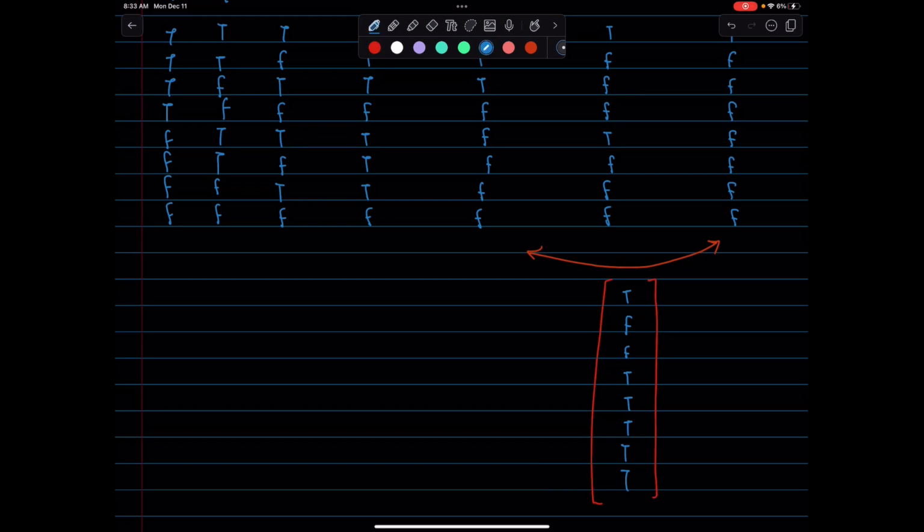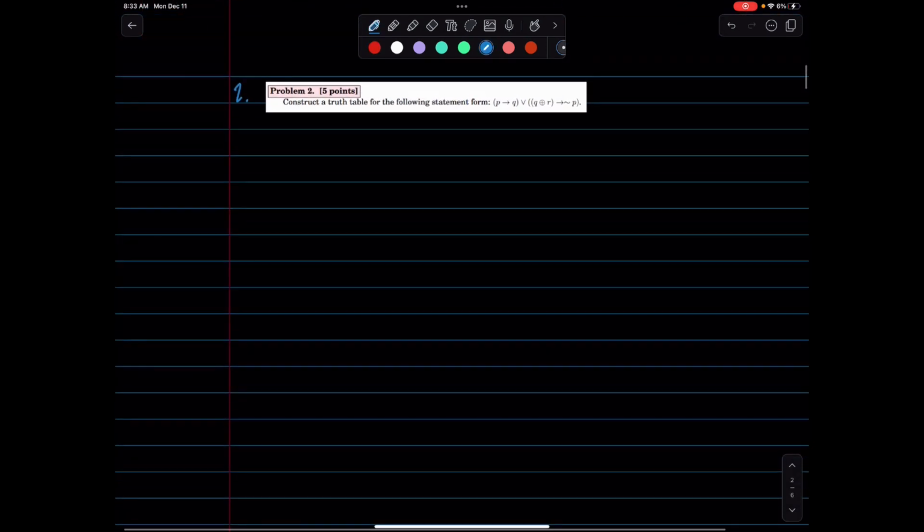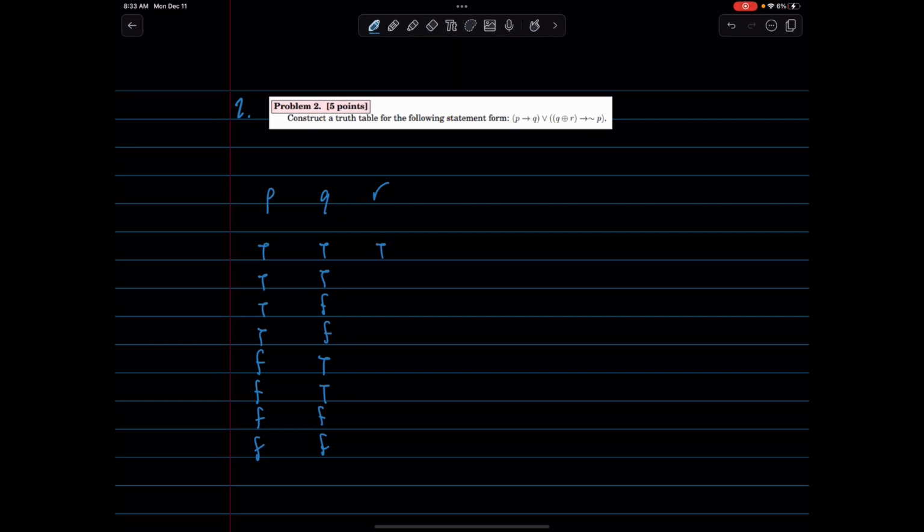So that's that for that question. Next question is another truth table. So P arrow Q. Remember, this is only false if P is true and Q is false.